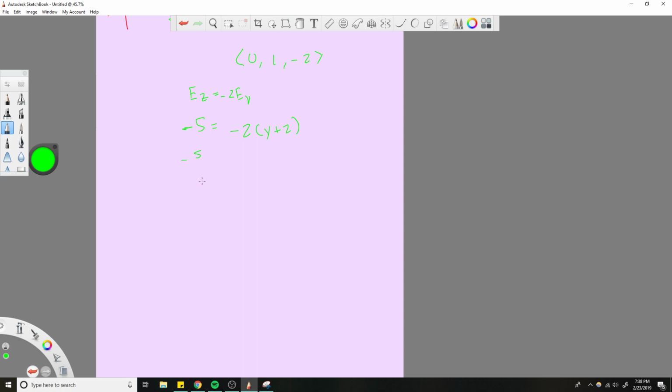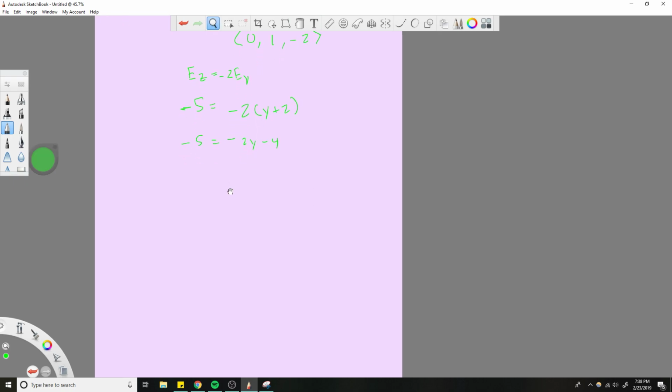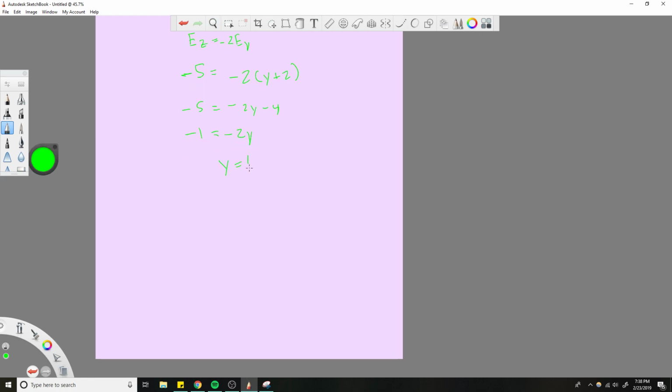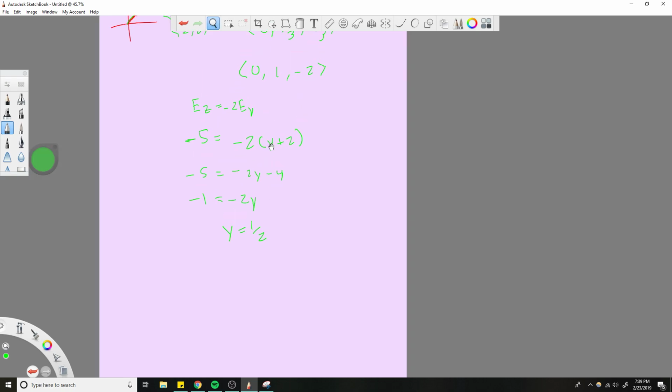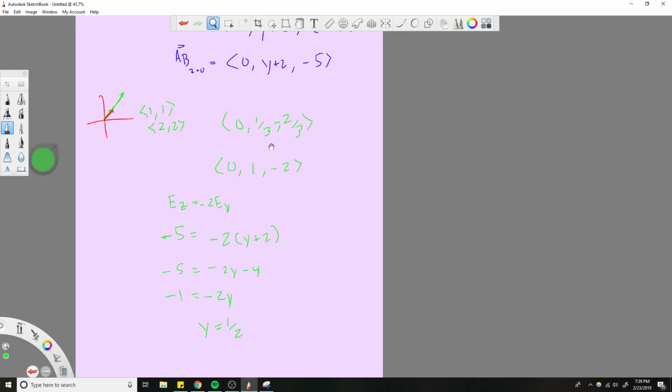That'll be a -4, -2y minus 4. And that'll be a 1, and that's over, and that'll be a 1/2. Well, I'll just write it out. -1 equals 1/2. Okay, so now you're kind of at the finish line here.